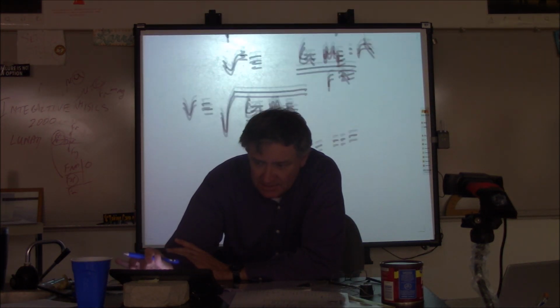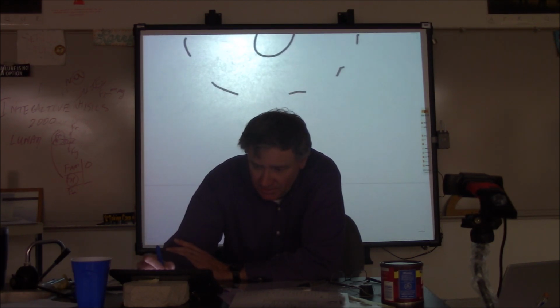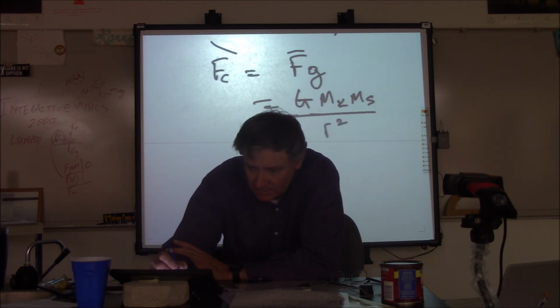So, we're going to go back to the satellite Caden, okay? As Caden's orbiting around the Earth. And we're going to look at the centripetal force still equaling the gravitational force, which is still going to be big G, mass of Caden, times the mass of the satellite divided by r squared.